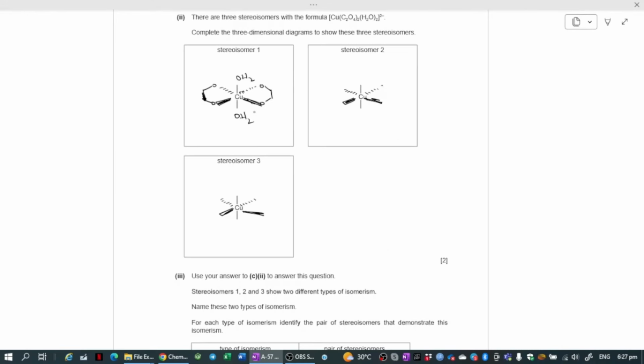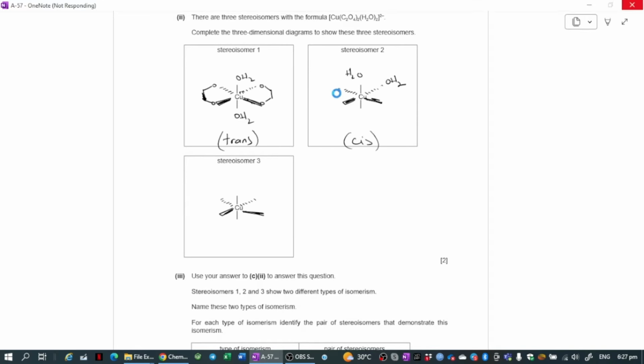This would be your ethane dioate ligands. We could also have the water ligands like this, next to each other. And you should see immediately that this is a trans orientation of the water ligands, and this is a cis orientation of the water ligands.